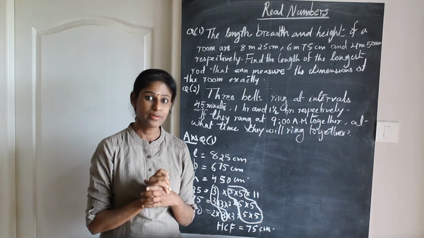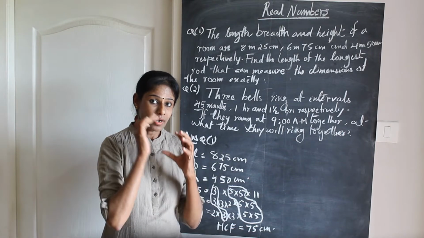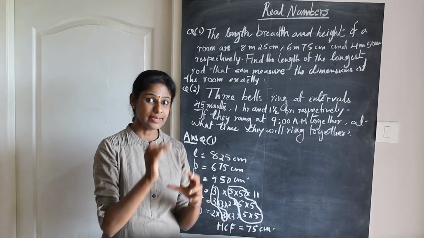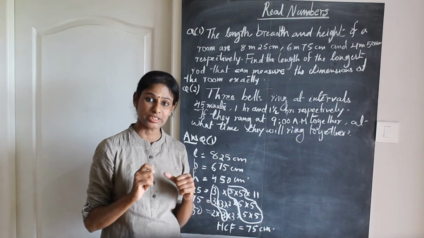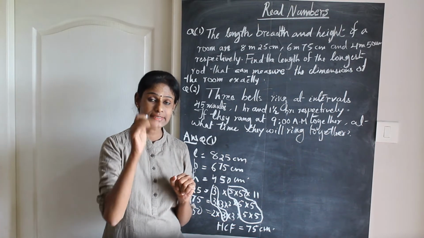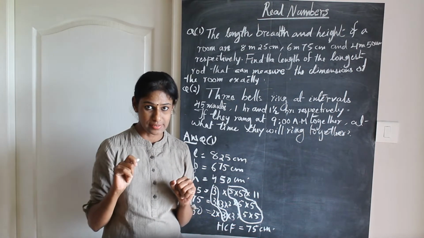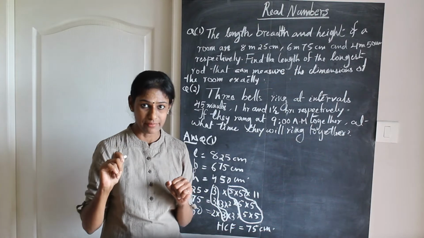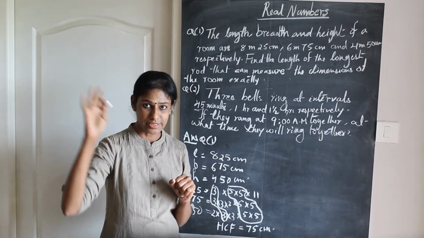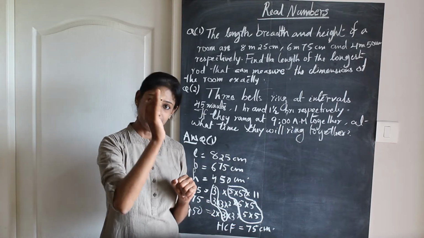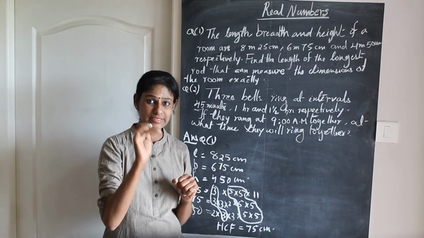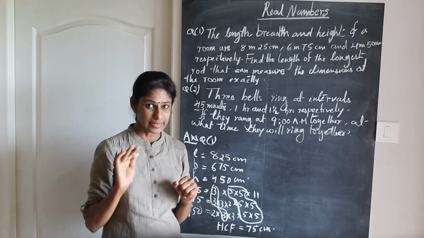Now, how many sweets must be put in each box so that the number of sweets in each box is the same, equal number of sweets in each box? So we can say that 60 is 10 into 6, 70 is 10 into 7, 80 is 10 into 8. So 10 times 6, 10 times 7, 10 times 8. So we can easily find out the HCF of these numbers. The HCF of 60, 70 and 80 is 10.